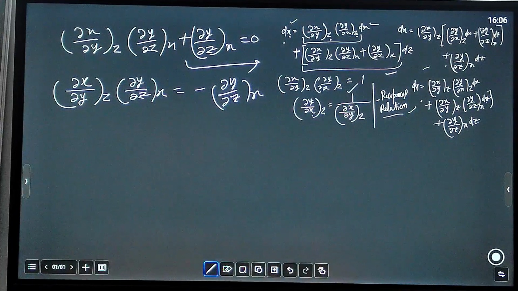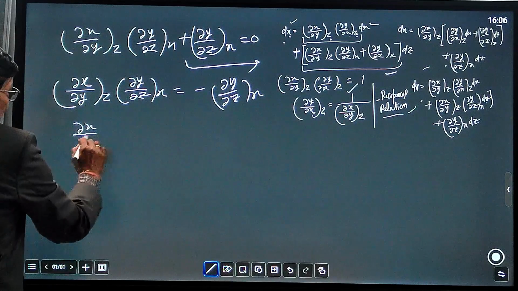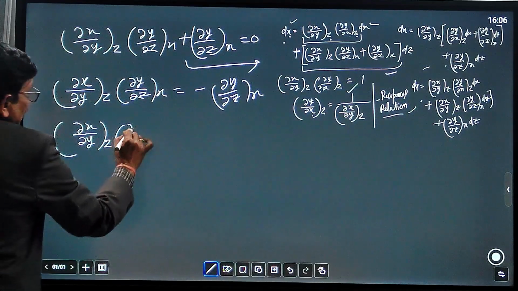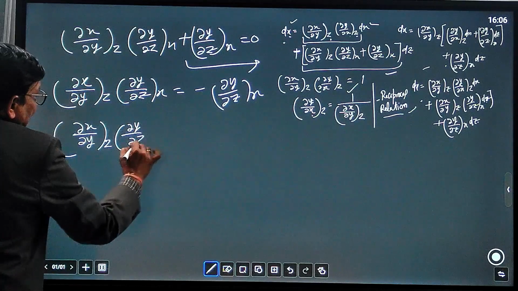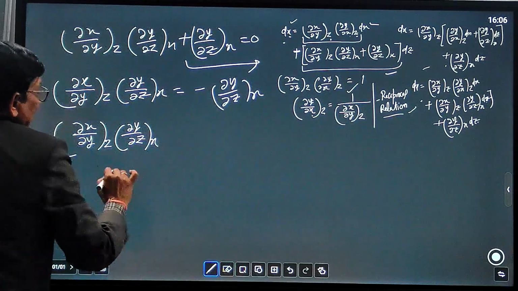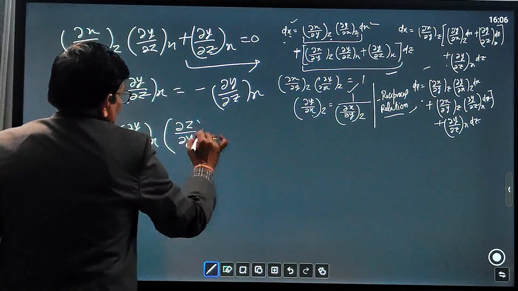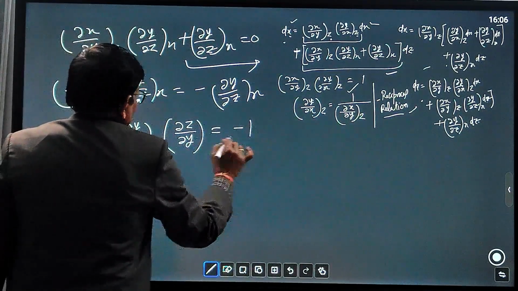Using the reciprocal relationship, (∂x/∂y) at constant z, (∂y/∂z) at constant x, and (∂z/∂x) at constant y equals minus 1.